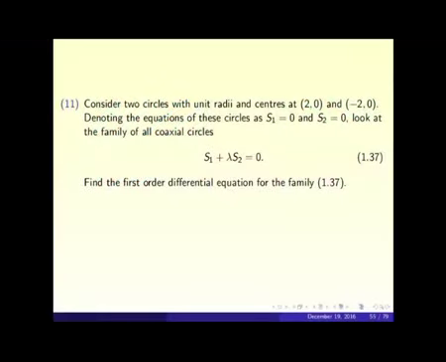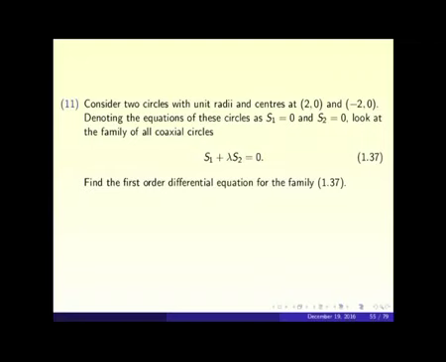And then let us look at equation 1.37 in the slide. S1 + lambda S2 = 0, where lambda is a real number. And as you vary lambda, you get a family of circles. So equation 1.37 represents a family of circles.